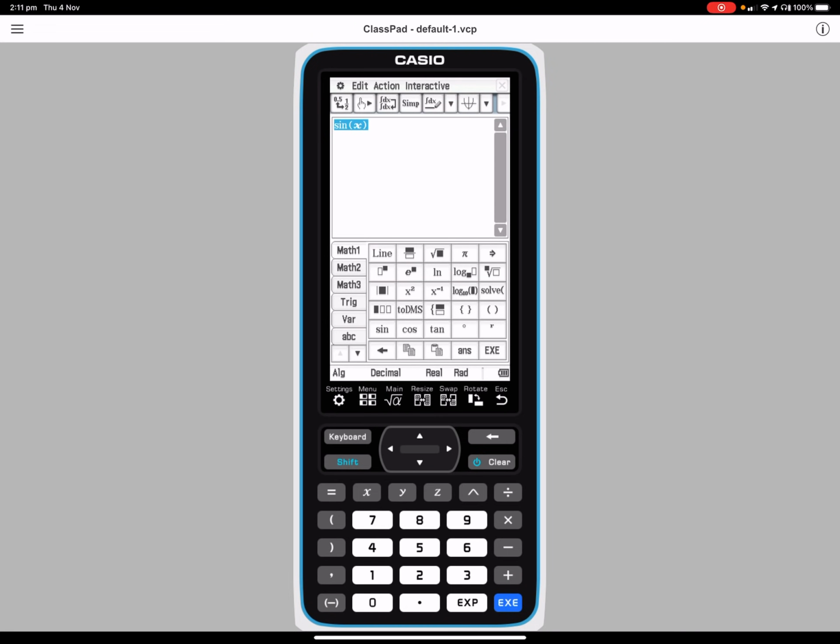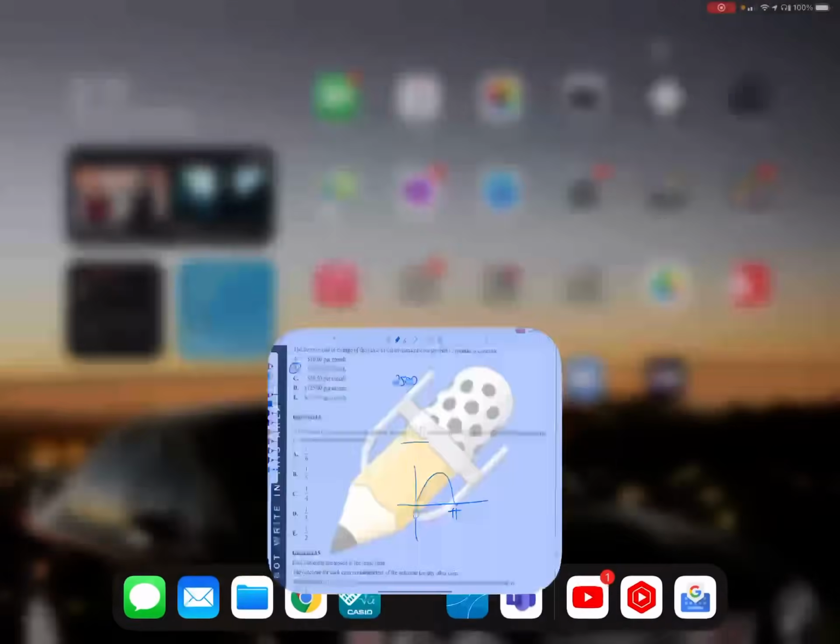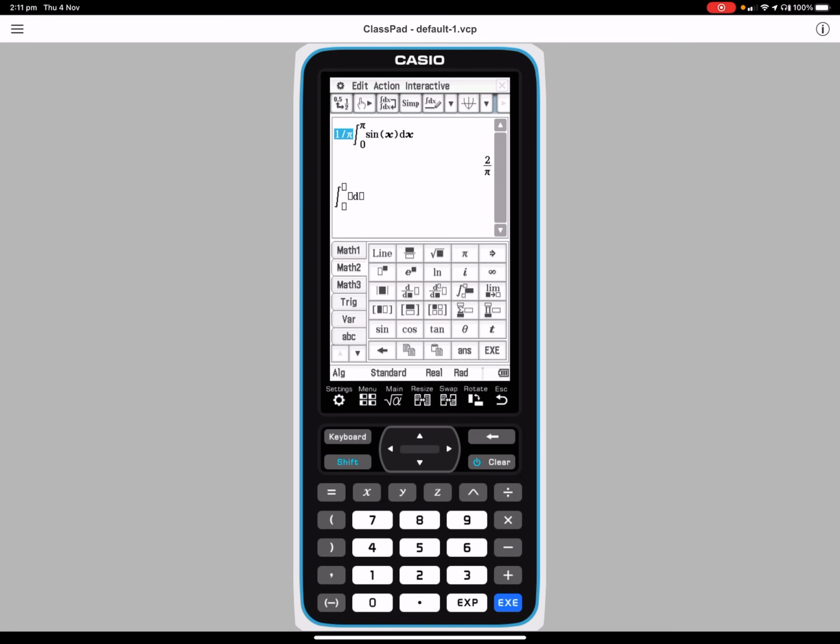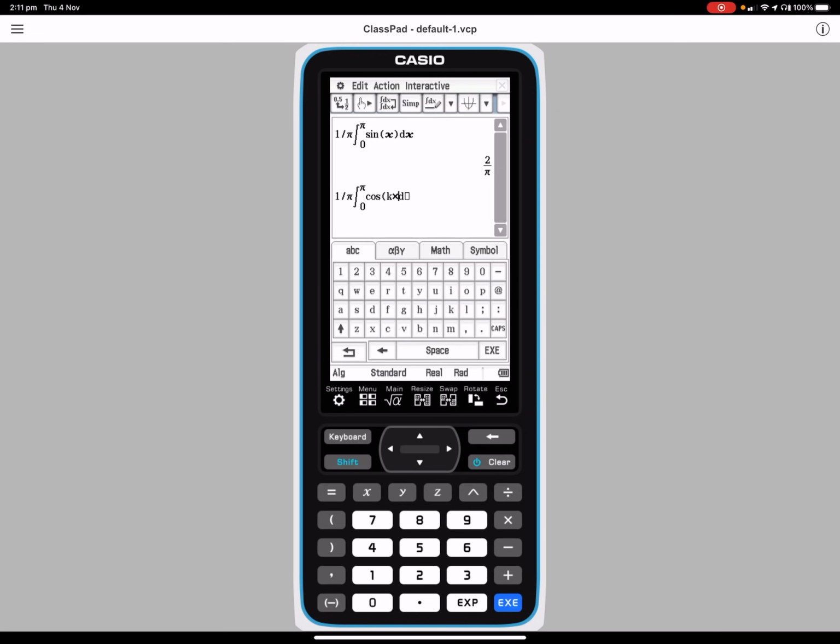The integral of sine x from 0 to pi dx, and out the front we've got 1 divided by pi, which is the interval, which is 2 on pi. In this case we want 1 on pi times the integral between 0 and pi of cos of k times x dx equals that.